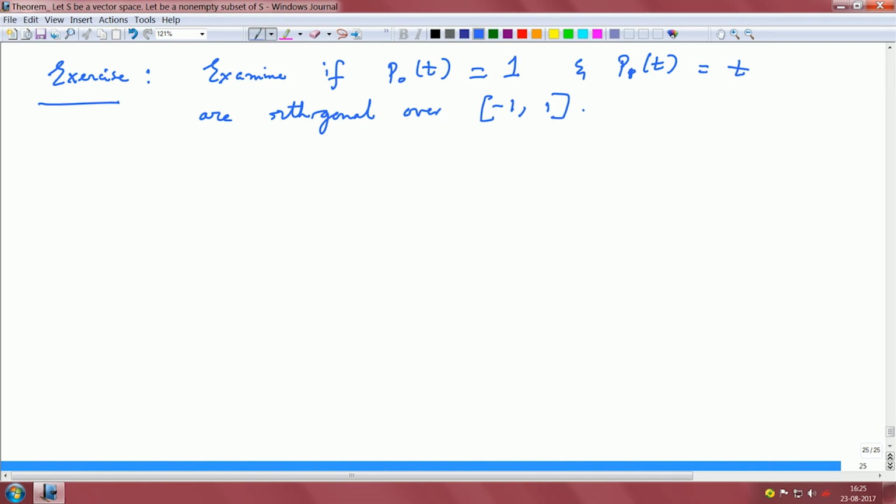Just check if this result is true. It is very straightforward. Just look at the inner product of these functions over the interval -1 to +1 and then cross check. So that gives you sort of an idea how you can extend the notion of orthogonality for functions.